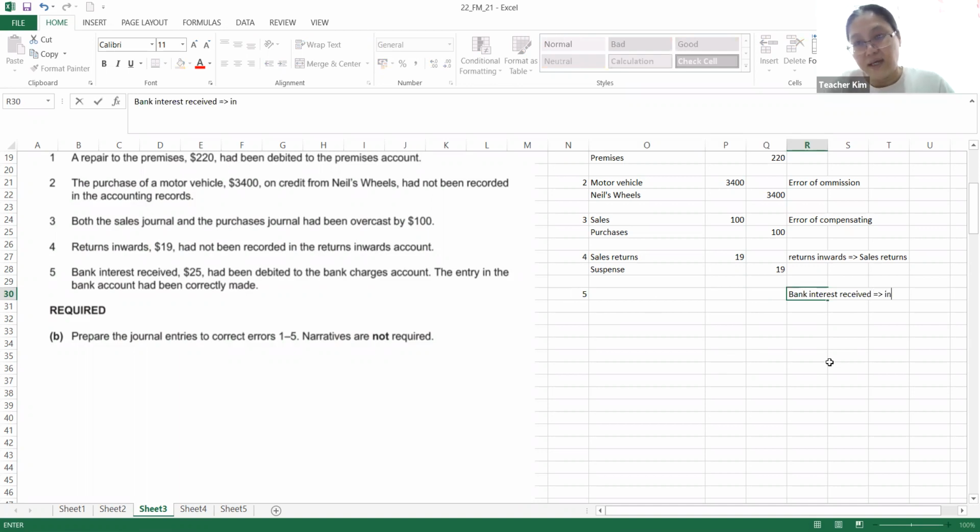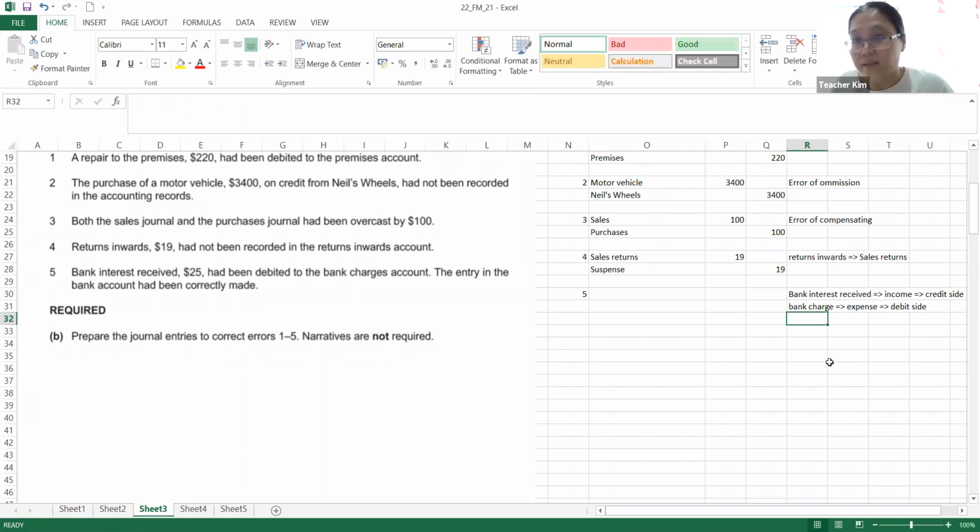This is an income. Okay, income is in the credit side. Bank charge is the expenses. Expenses is in the debit side.